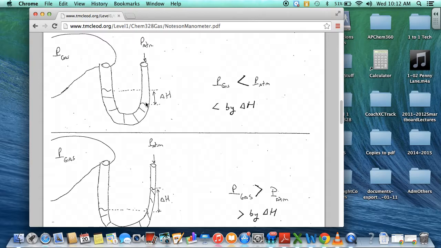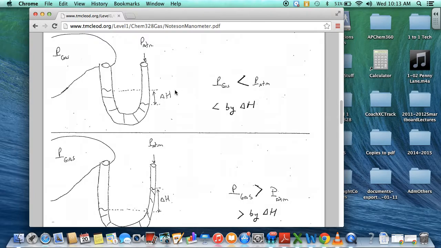So therefore, it's going to push down, and therefore this guy must be lighter. So the atmospheric pressure must be greater than the gas pressure. By how much? Well, by the difference in this level and that level. Delta H is an indication of difference in height.